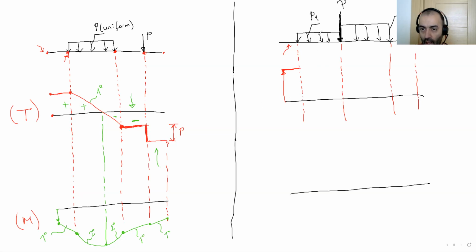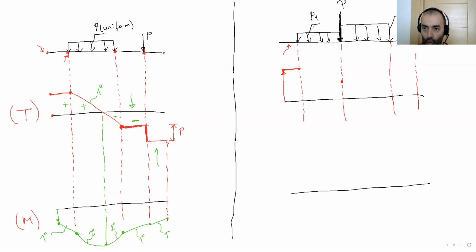Okay, here I have a uniform distributed load, shear force minus external loading gives me the shear force at this critical point. Let's say I reduce the shear force to this point, but how am I gonna connect these 2 points?